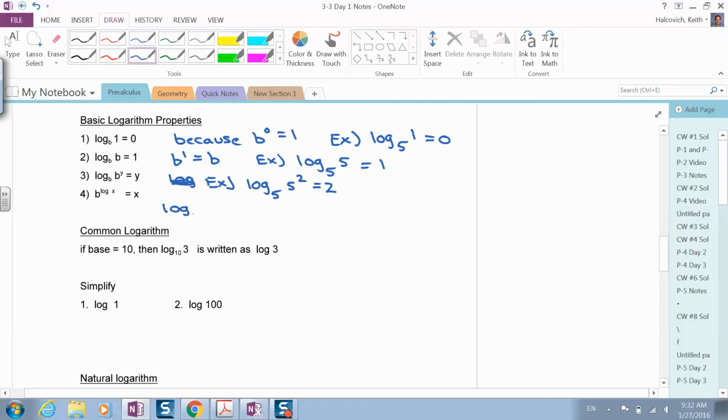Sorry, let me rewrite that. If you have 5 raised to the log base 5 of x, that's going to equal x, whatever x is. So in this case, if you had 5 to the log base 5 of 7, that's just going to equal 7. So if these two are the same, then the answer is just 7.